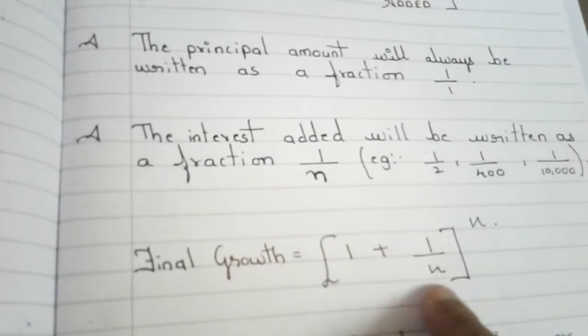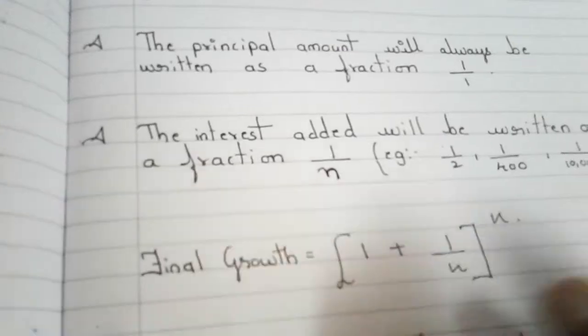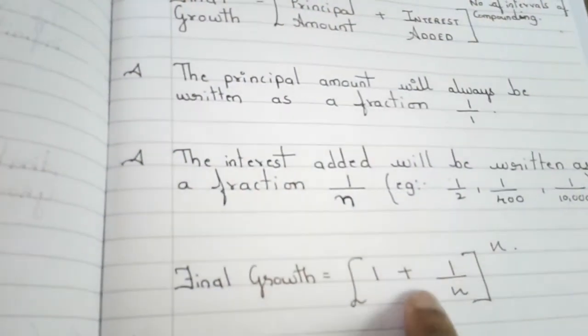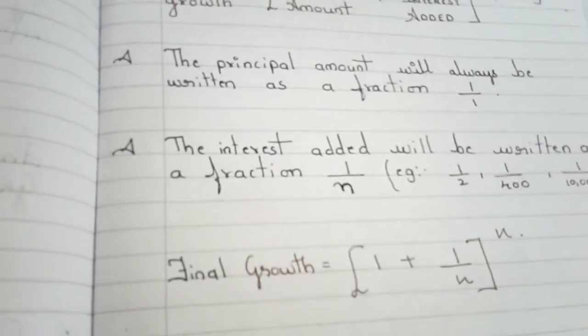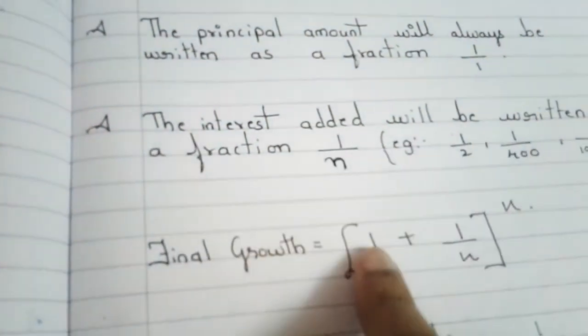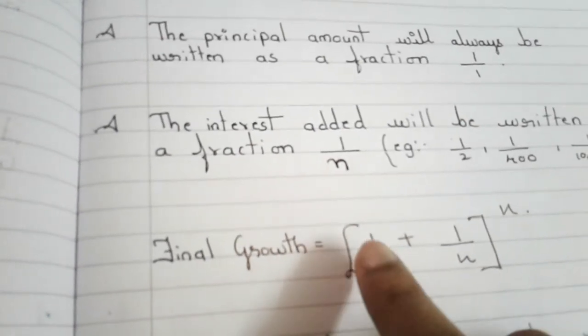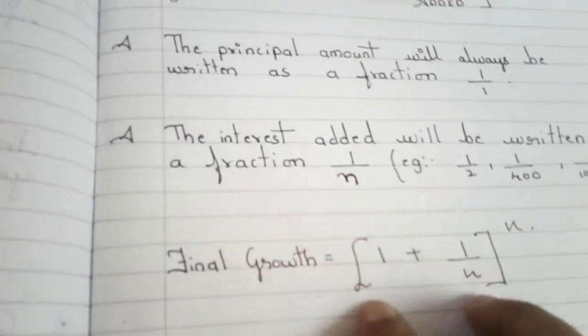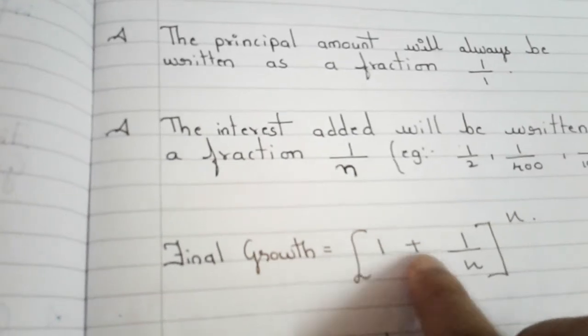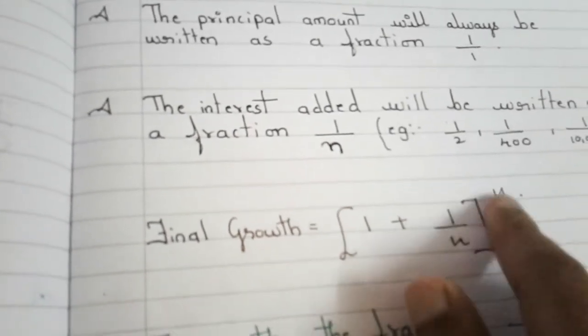So it is 1 by n. 1 by n means another quantity is added to it, and this quantity is such that its value is the full 1 by 1 divided by n. So that is how this formula is written. So it is 1 plus 1 by n, the whole raised to n.